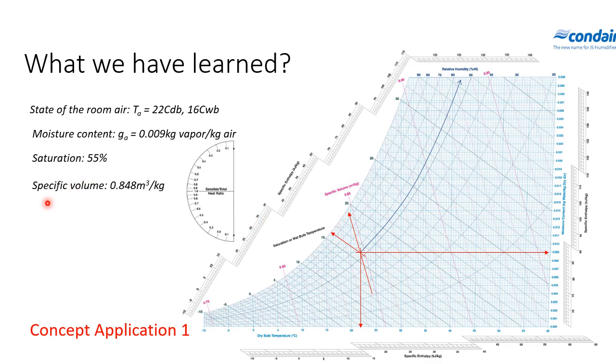So we assume it is 0.848 cubic meter per kilogram. This is the specific volume of this room air. It means if you have 0.84 cubic meter of air, it will have a weight of 1 kilogram, right? So it's a reverse density, okay?